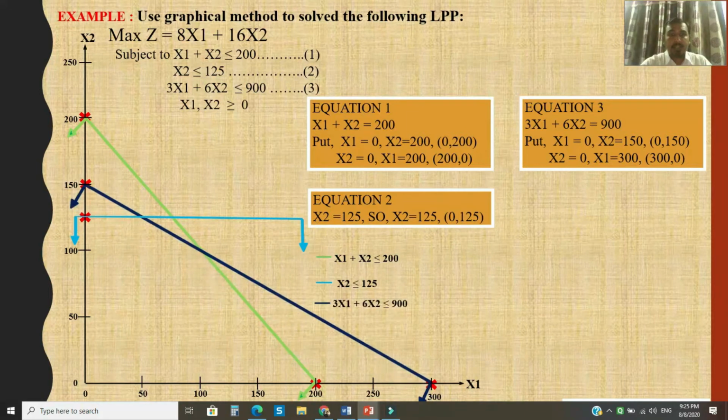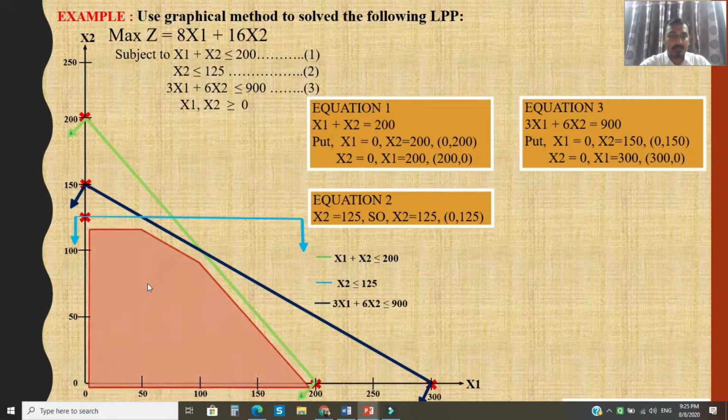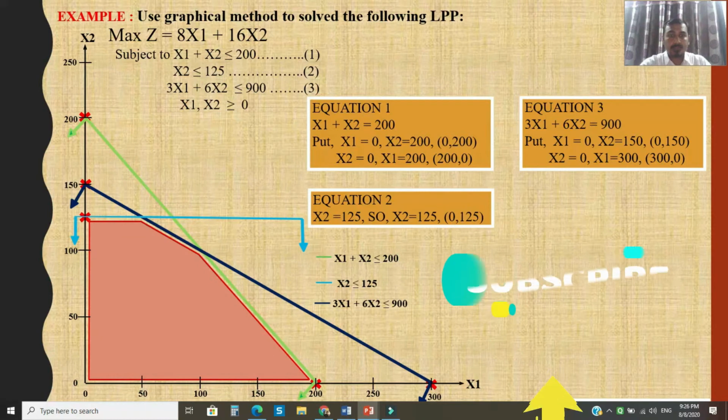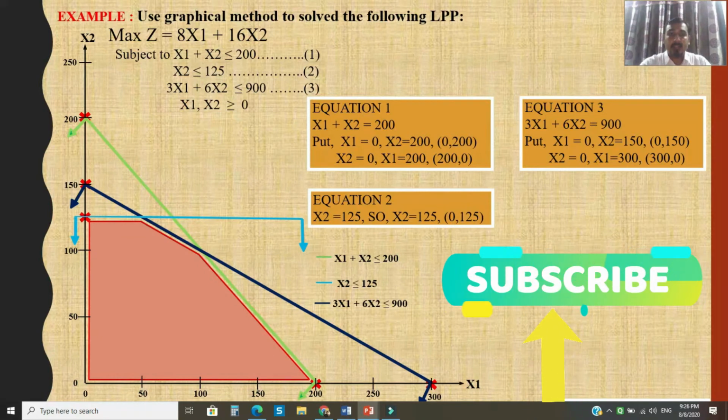Here again the sign is less than or equal, so again it is represented towards the origin. So finally the feasible region is in this area. Let's see the feasible region. So this is our feasible region.